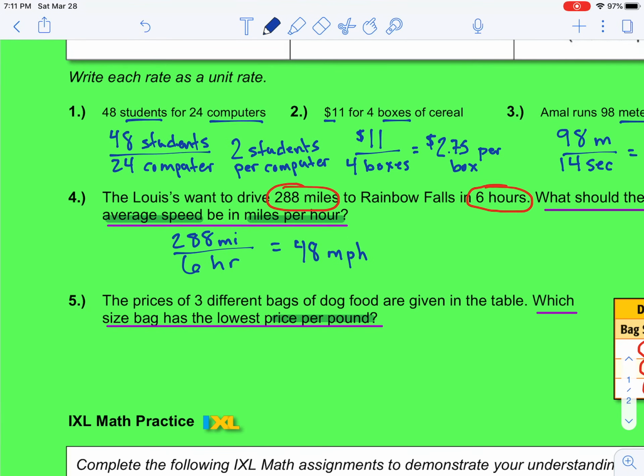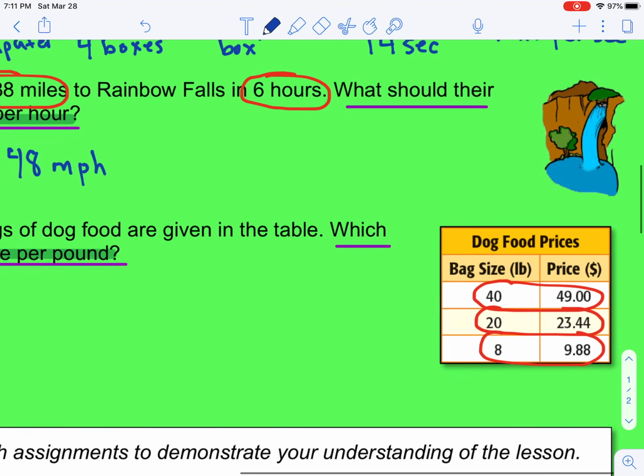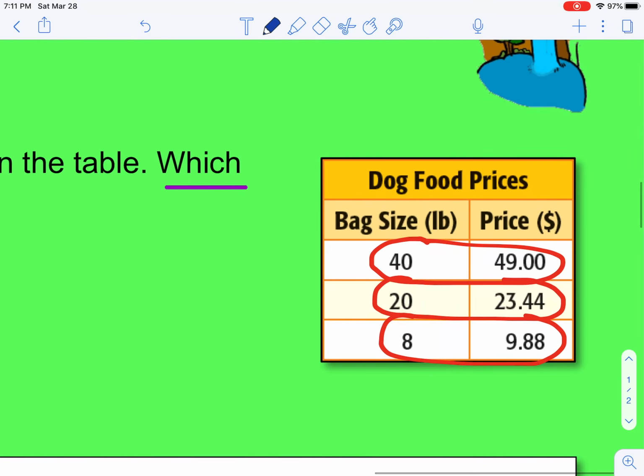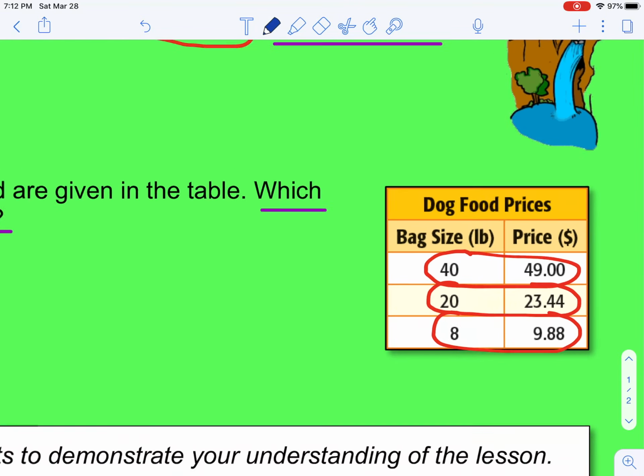Now in number 5, we're going to actually be comparing dog food prices. So if we take a look at this table, if you go to the store to buy really anything, lots of times you'll notice that there are several different options in different sizes and different prices. So you want to look for what the best price is. So to do that, we want to compare all three of those by finding the unit price. We want to know how much money does it cost for 1 pound if I buy that bag.